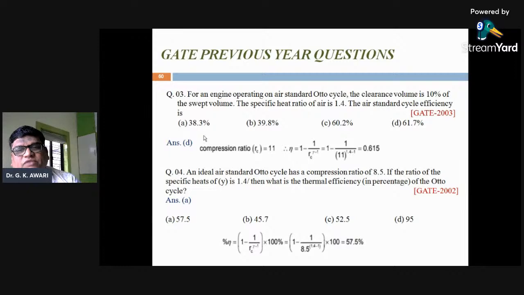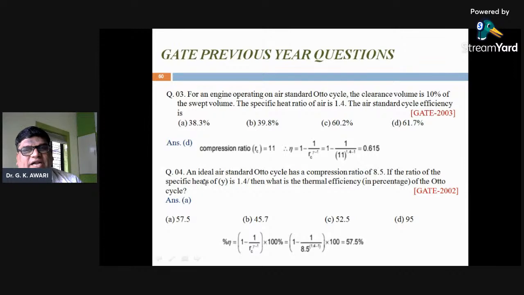Then thermal efficiency is 1 minus 1 by rc to the power of gamma minus 1, which is equal to 1 minus 11 to the power of 1.4 minus 1, equal to 0.615. So 0.615 is the correct answer, which means 61.5%. The closest option is 61.7%.